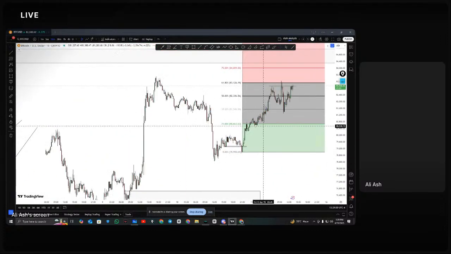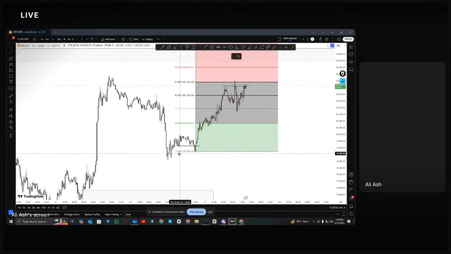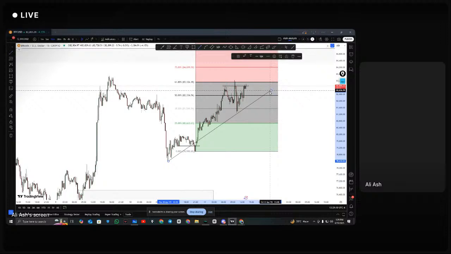If you are using this straight trend line, you will go into troubles. Which touch point you gotta take?